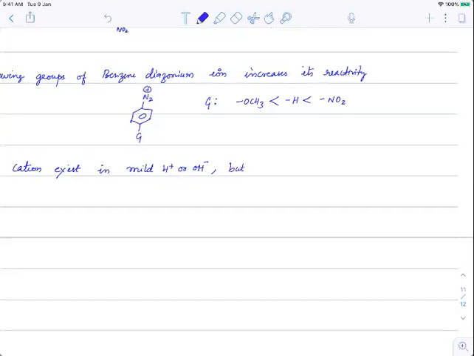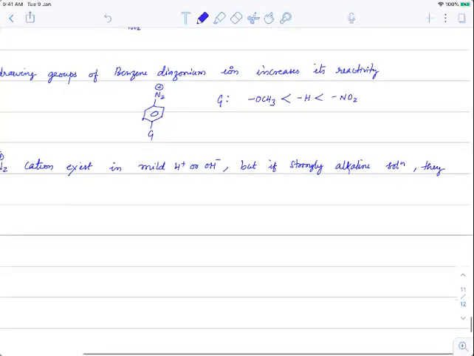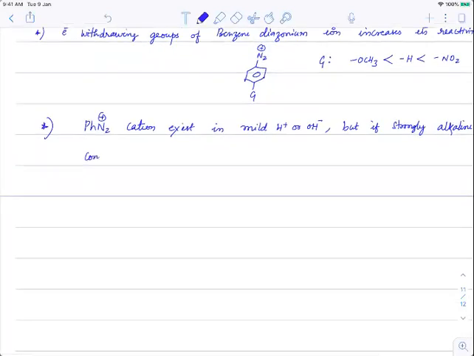But if a strongly alkaline solution is taken, it converts into diazotic acid. So what is this diazotic acid?